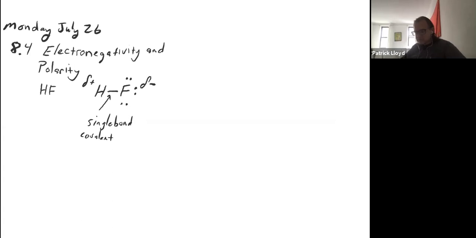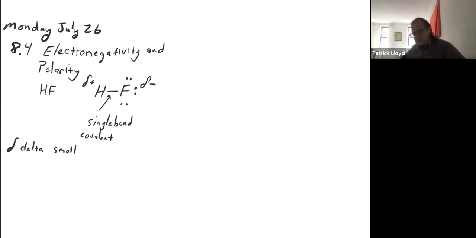Small, we're going to use the symbol delta, Greek letter delta, which means small. Okay, so there's a charge on each of these atoms, opposite charges. And in fact, the amount of positive charge is equal to the amount of negative charge. So they cancel each other. So overall, the molecule is neutral.